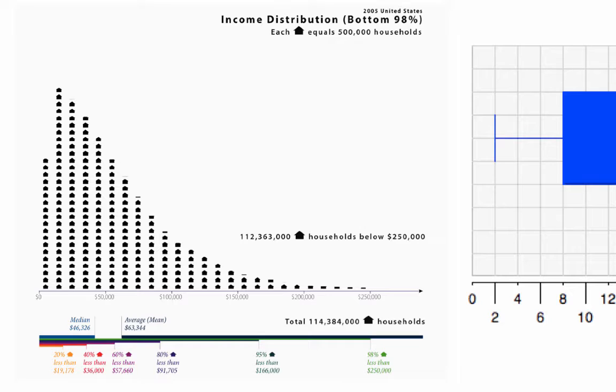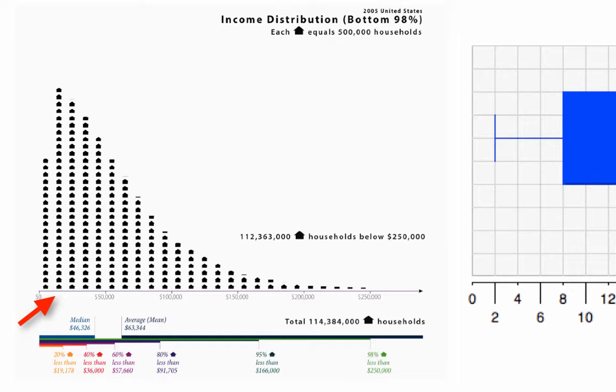The mean is sensitive. So looking here, we see the mean is greater than the median, which means the mean is being pulled higher because we have bigger outliers on the positive end. So we see the median is at 46,000, the average is at 63,000, and we see that the mode is almost at zero.